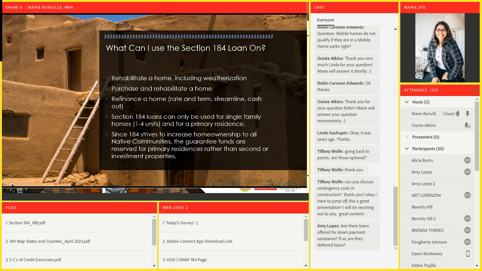So you start the process with getting a home loan and then you add that rehab to it. Section 184, you can refinance, going back to those individuals who maybe got a higher interest rate. If interest rates were to ever lower, they could always refinance. And Section 184 can be used for single family, 1 to 4 units, just like the chart shows.